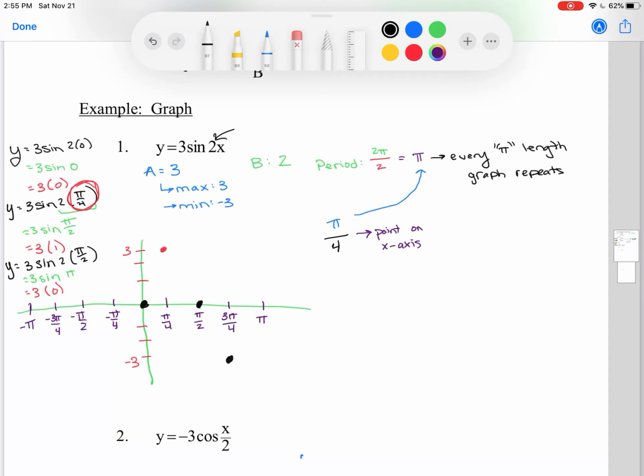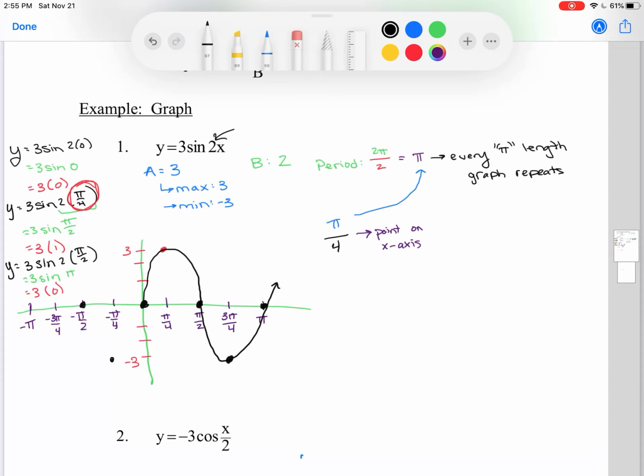So you're going to have to do a little bit of math here, okay? This 2 is going to have to be multiplied by the x value you are trying to find. And if you continue with 3 pi over 4, that's going to give you 3 pi halves. Well, sine at 3 pi halves is negative 1, times 3 gives us negative 3.